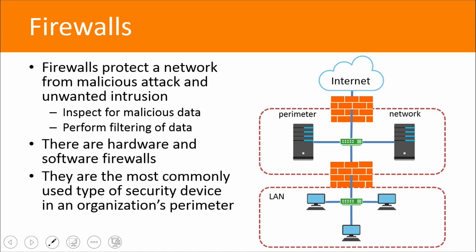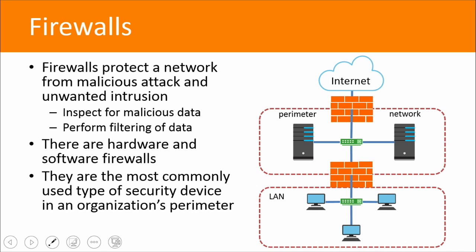Whether it's an extranet, an intranet, or just a plain old simple LAN. Something that's cool to know about firewalls is they can actually be implemented as software or hardware. There are dedicated firewall devices, and then there's software that can be run on a server or even on a local machine in order to filter out traffic and inspect for malicious data.